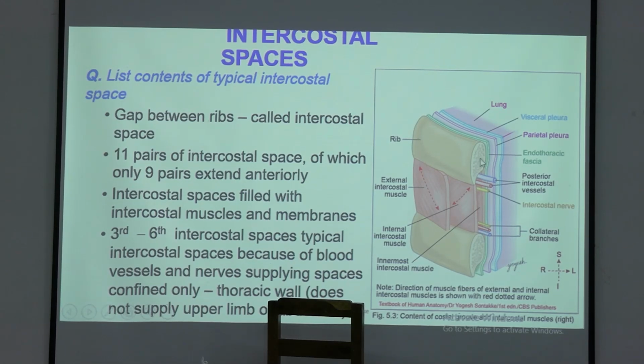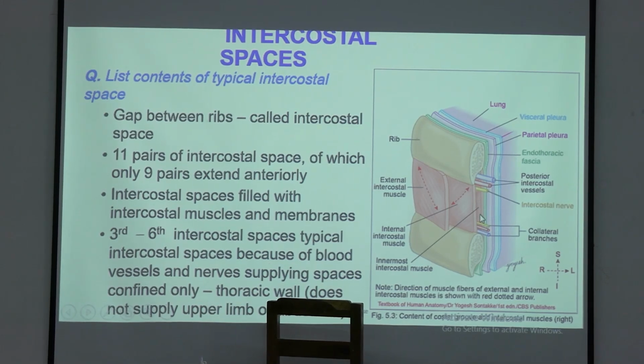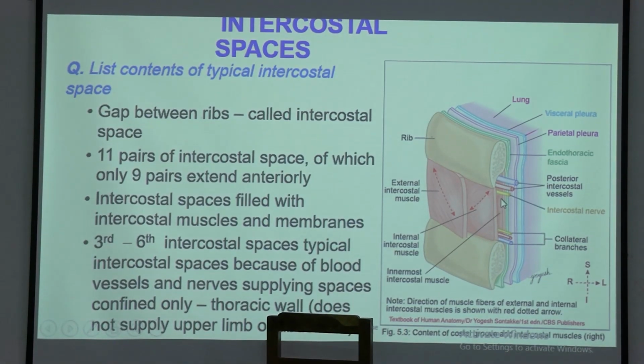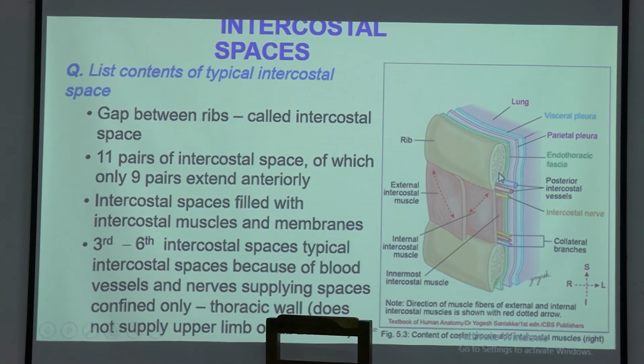And most inside we can find another muscle, the intercostalis intimus or innermost intercostal muscle, which takes origin from the ridge just behind the costal groove, and it is inserted over the posterior aspect of the upper border of the lower rib.